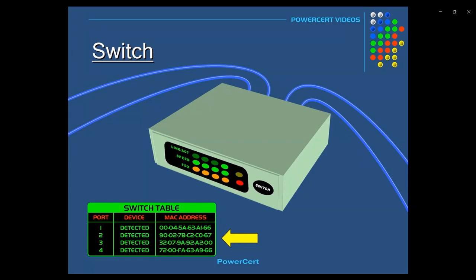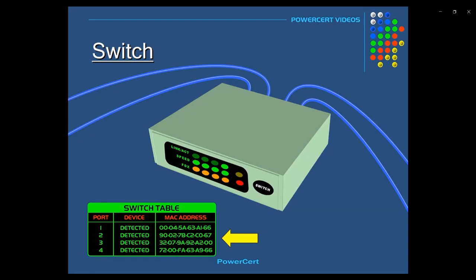When information is received by the switch, it detects the desired destination, and it will forward this information to the particular device. It is not sending all this information through all the ports which are connected to the other devices. Therefore, we consider it somewhat intelligent, to a certain extent, compared to the hub.